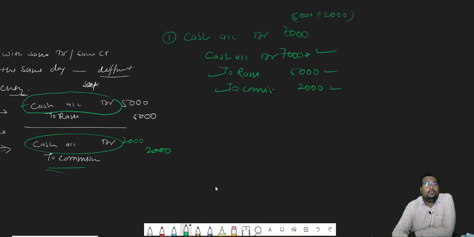Now how much Ram had given? 5,000, and commission is 2,000. So the common things will be written together, and whatever is remaining can be added later on also.